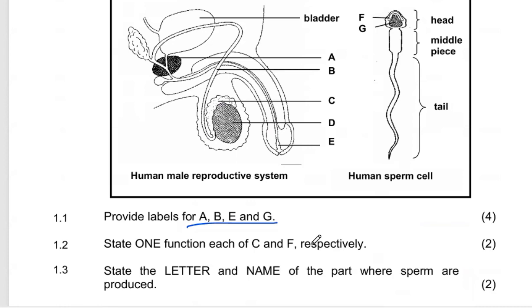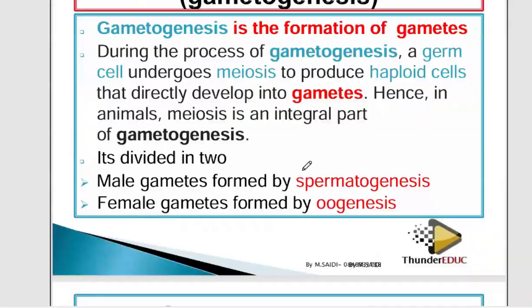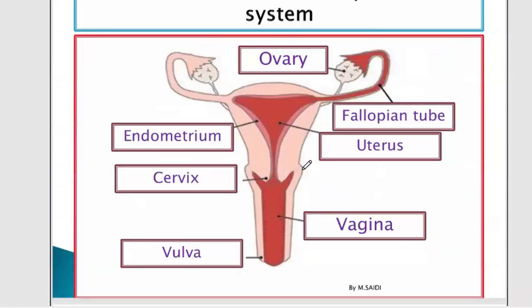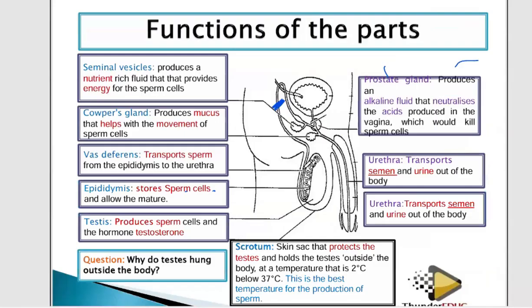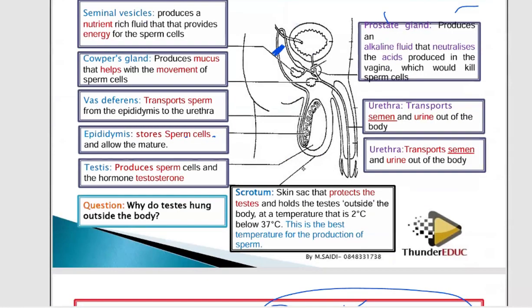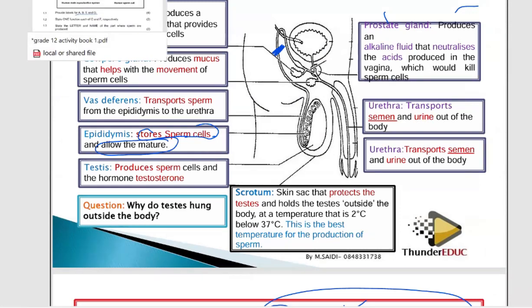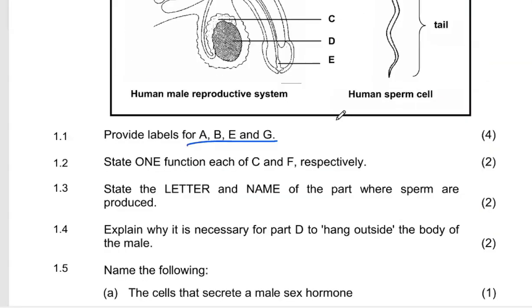For maturation. Store sperms and allow them to mature. It's not just to store because there is nowhere they are going. They are stored so that they mature.